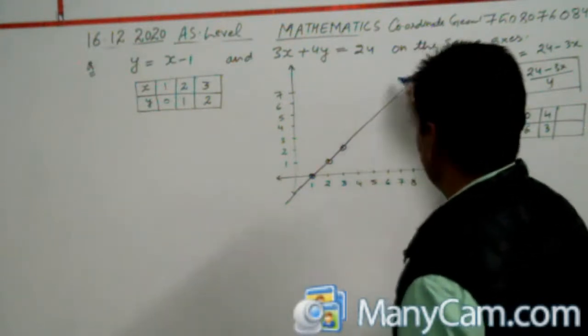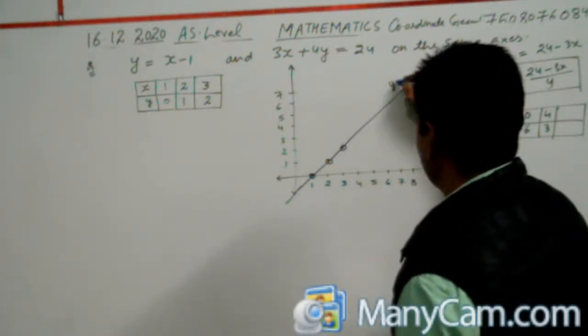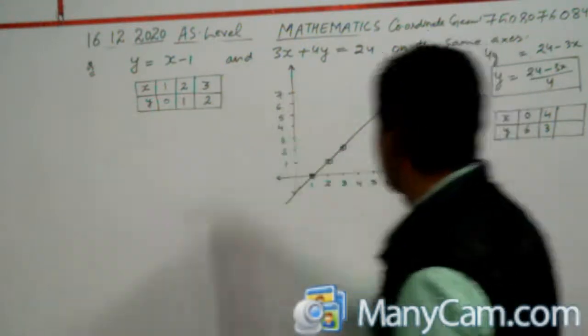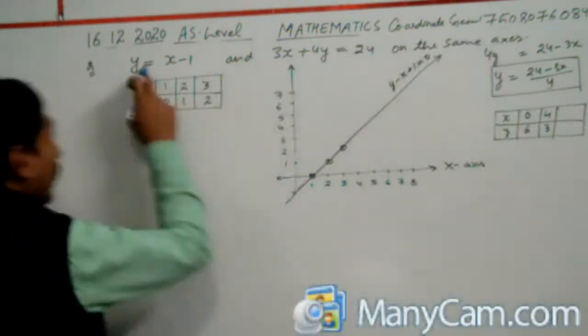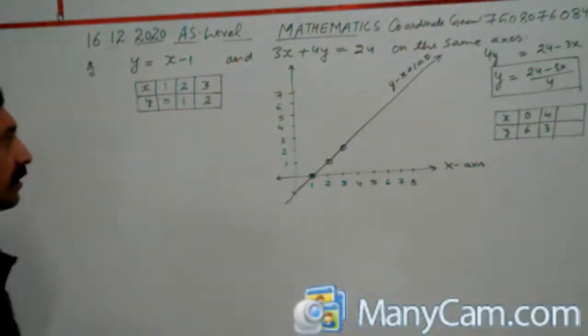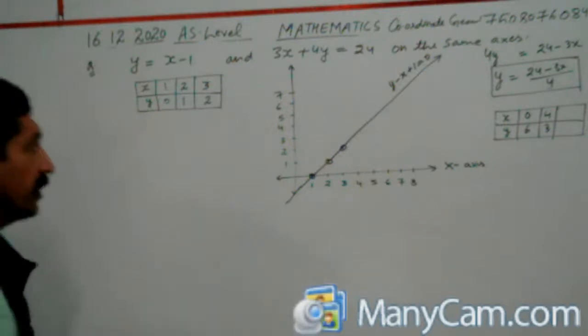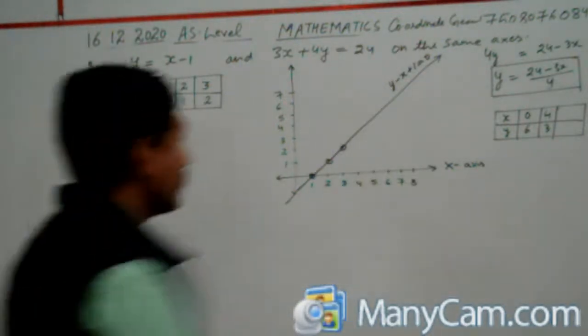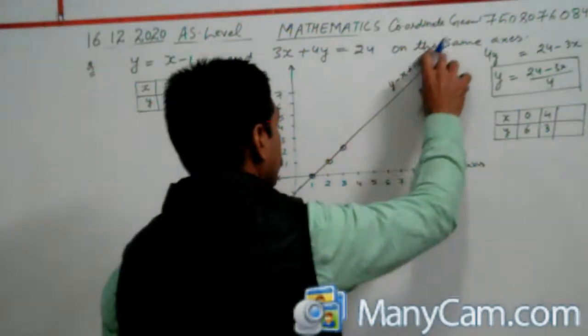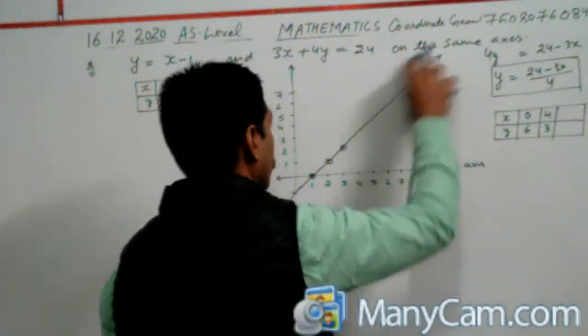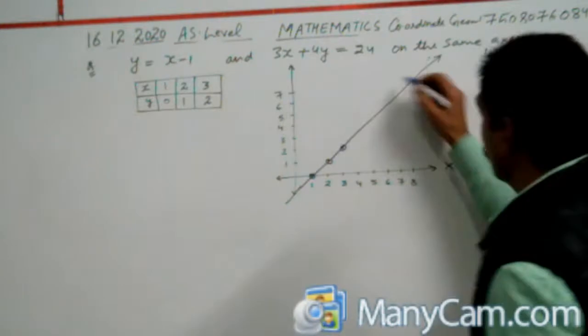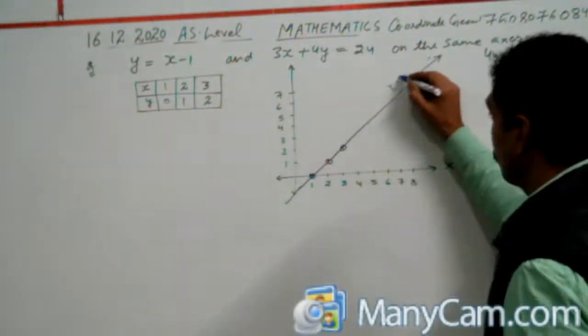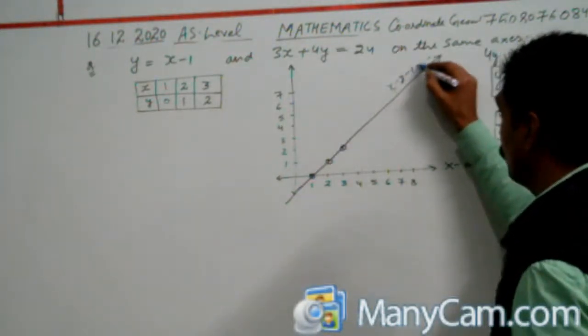This is the graph of the line y minus x plus 1 is equal to 0. Or in another way, we can write it as x minus y minus 1 is equal to 0.